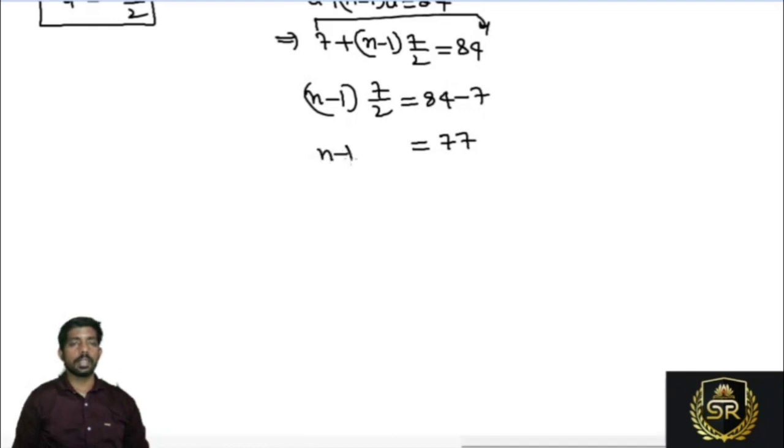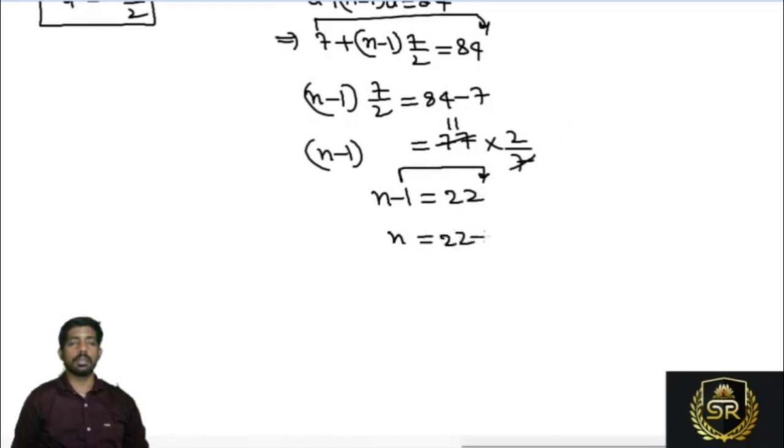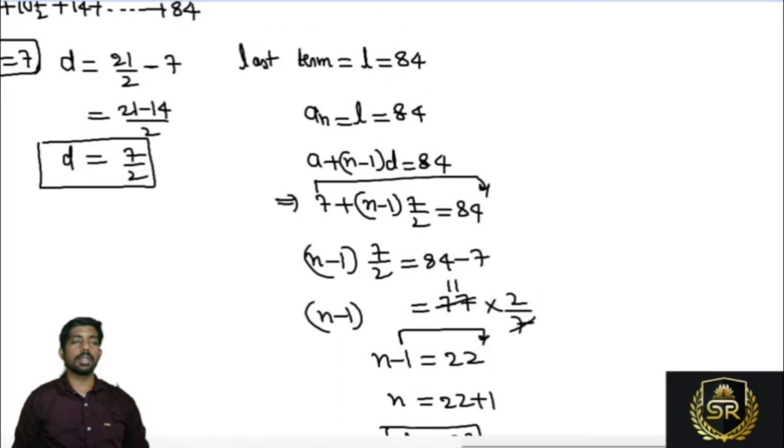So n minus 1 into 7 by 2, the 7 by 2 comes to the right hand side and becomes the reciprocal, 2 by 7. 7 elevens are 77, 11 into 2 is 22, therefore 22. Bring this minus 1 to the right hand side, n is equal to 22 plus 1, therefore n is equal to 23. In the series we have 23 terms.